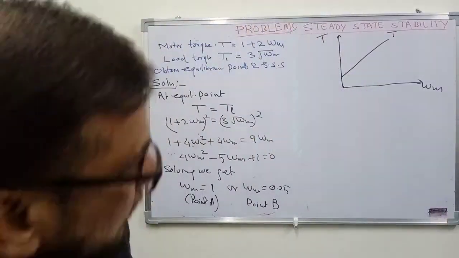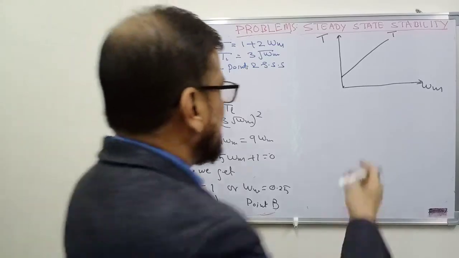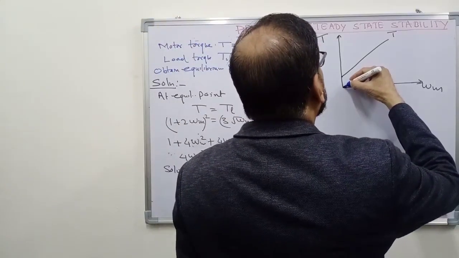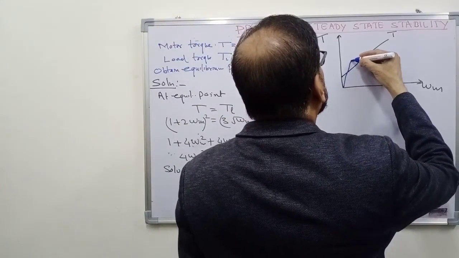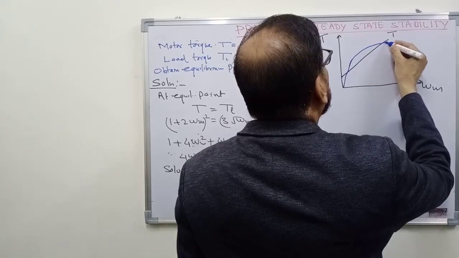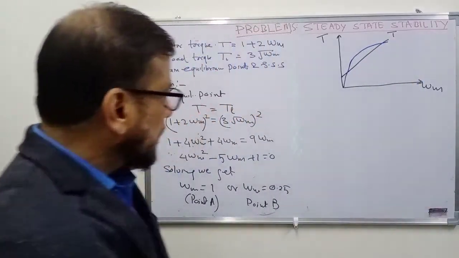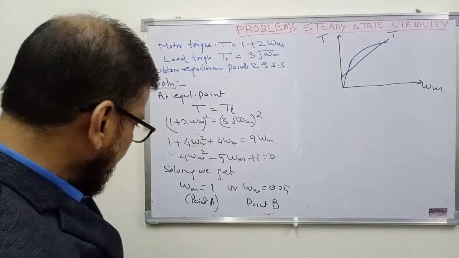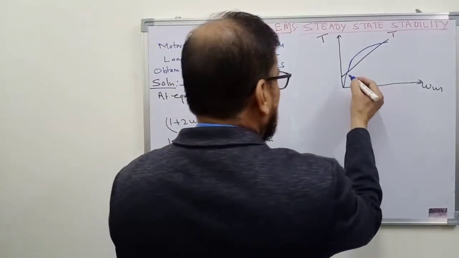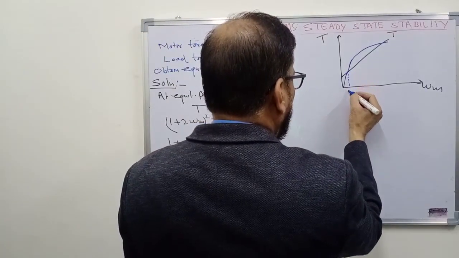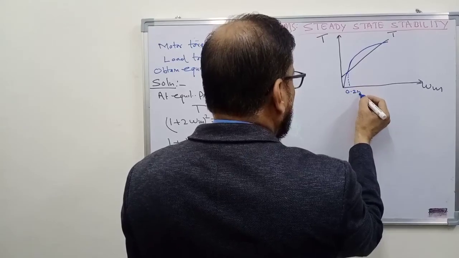Let me use a different color. So it is starting like this and it is somewhat like this. So the 2 solutions that we have obtained, this is at omega m equal to 0.25.